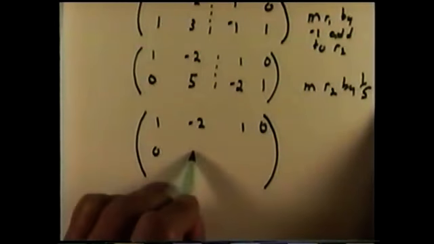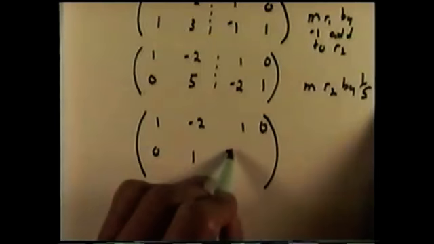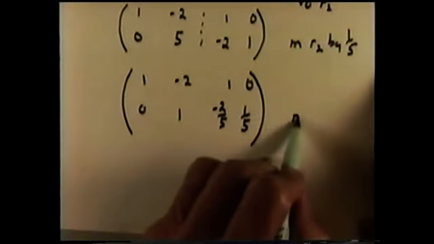Multiply row 2 by 1/5. And I get 1, negative 2, 1, 0, 0, 1, negative 2/5, 1/5. Multiply row 2 by 2, add to row 1.